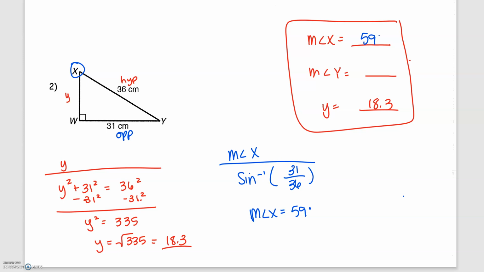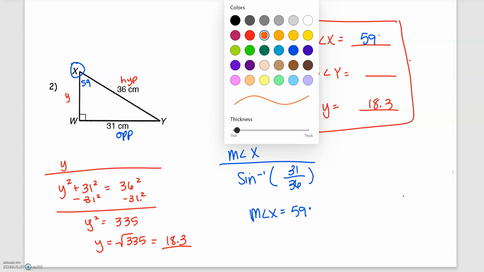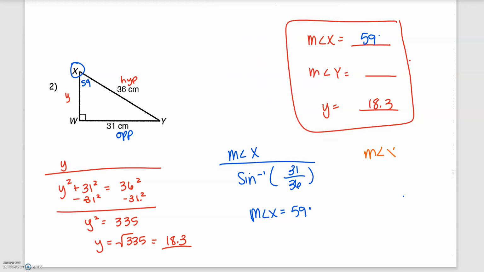And so now, once we know that this is 59 degrees, we have two angles, and we can find the third by subtracting the 90 and the 59 from 180 and getting 31 degrees for angle y.